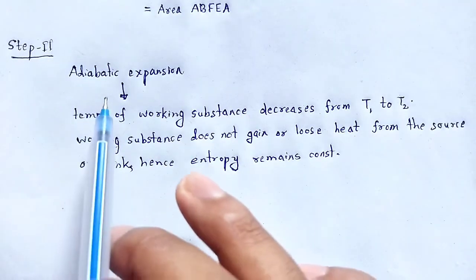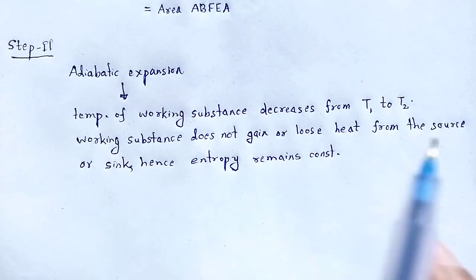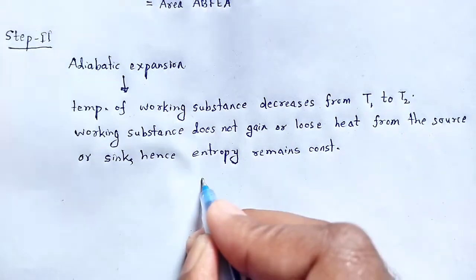That process, adiabatic expansion, is represented by the vertical line BC.